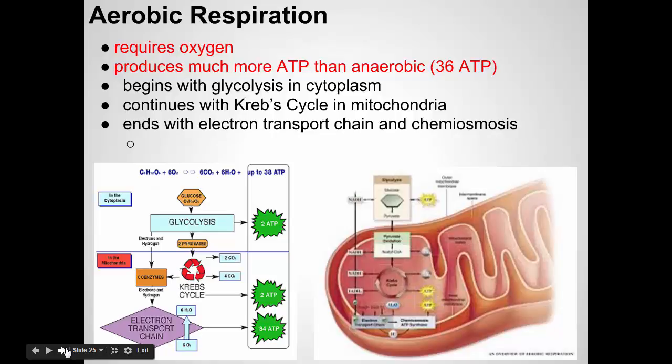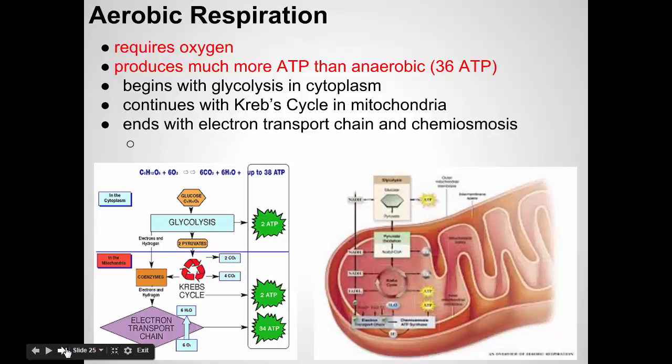Then, from there, the pyruvic acid goes through a cycle called the Krebs cycle, or the citric acid cycle, sometimes called. This cycle further oxidizes the pyruvic acid, extracting more of the energy from it.